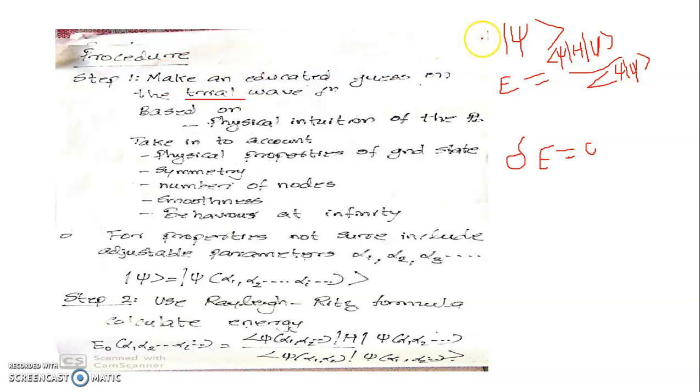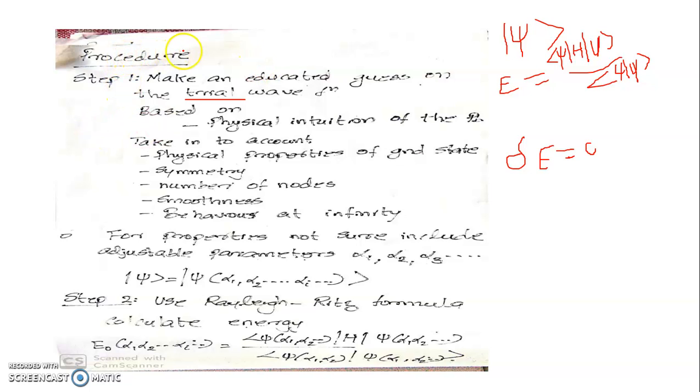So to begin, we actually require a trial wave function. How will we identify such a wave function, and once it is identified, what will be the procedure of applying the variational principle? That is exactly what we will have to discuss in this section.